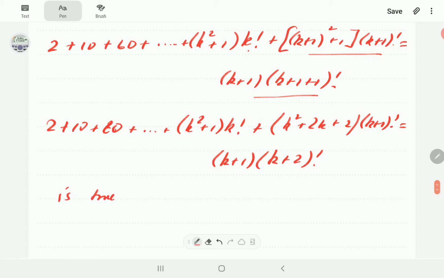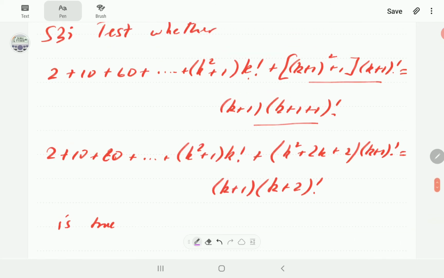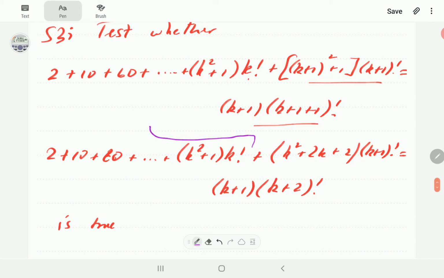is true. Then from step number 2, these terms up to here are equal to k into k plus 1 factorial from step number 2.